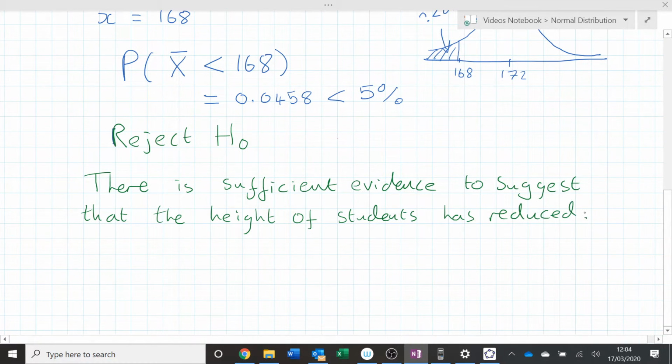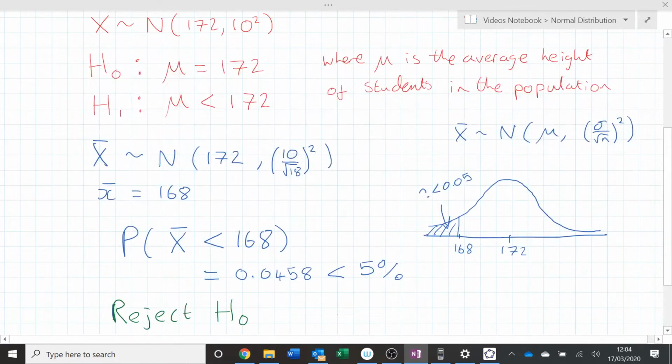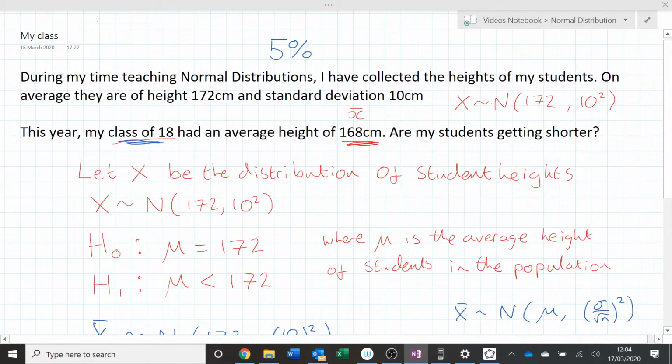Now, that's a really odd thing. Are my students getting shorter? There are lots of questions you might ask about the setup of this hypothesis test. It probably doesn't really mean anything. But nevertheless, we have found that this class was there.